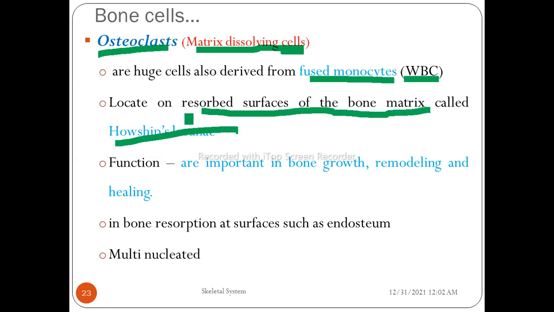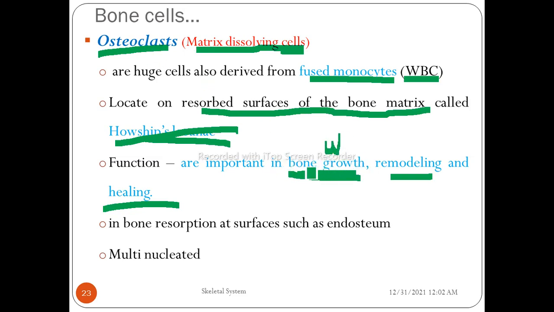They are located on a reabsorbed surface, or degrading surface, of the bone matrix, called Howship's lacunae. One of the functions of osteoclasts is bone growth, remodeling, and healing.